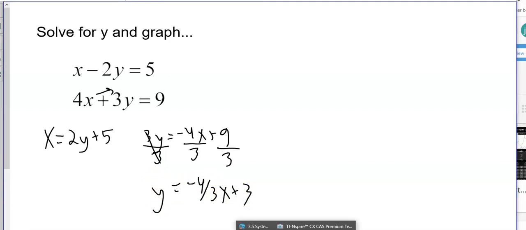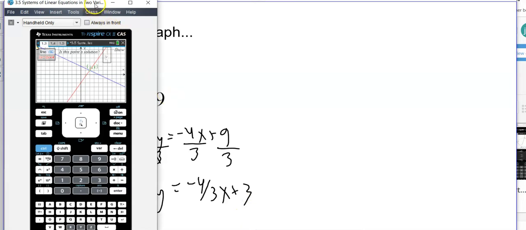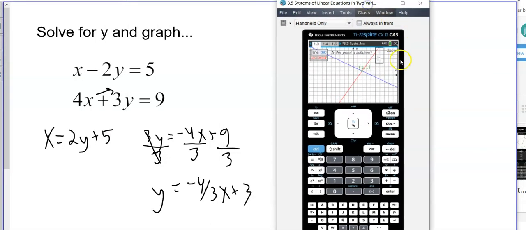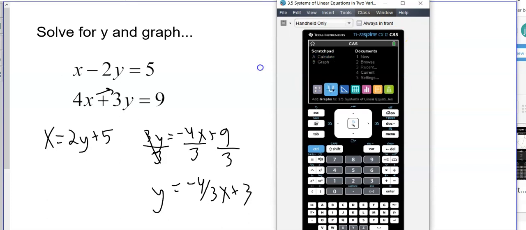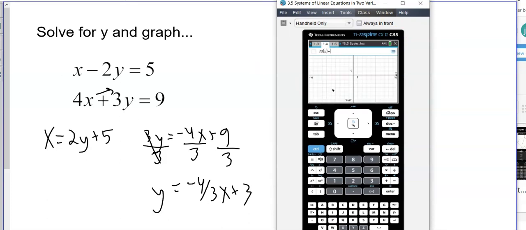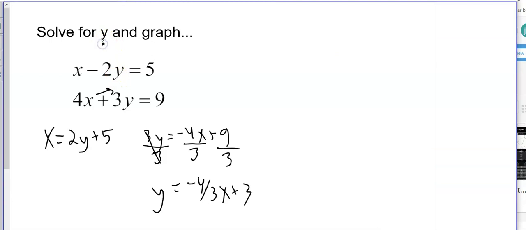So get your calculator out, and we're just going to go to a graph page. So go to the graph icon there. Oh, we have to solve this one for y, don't we? So this is solved for x. If you want to graph this one, you have to solve for y. So let's finish that off. Let's start with x minus 5 equals 2y.